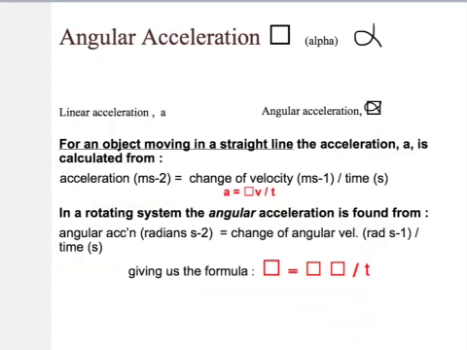Okay, and the last concept we're going to look at is angular acceleration, and the symbol is alpha. So this is only to do with acceleration around a circular path. Now, to define it, it's a bit like the linear acceleration, where we have the change of velocity over time.